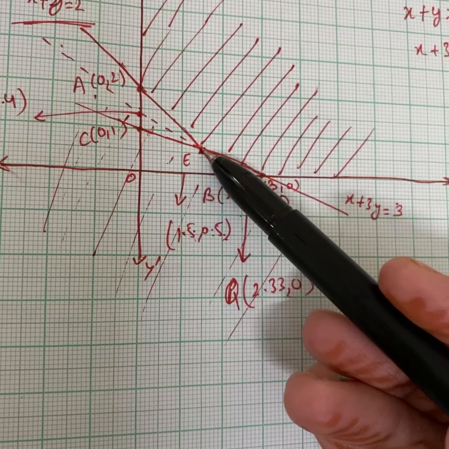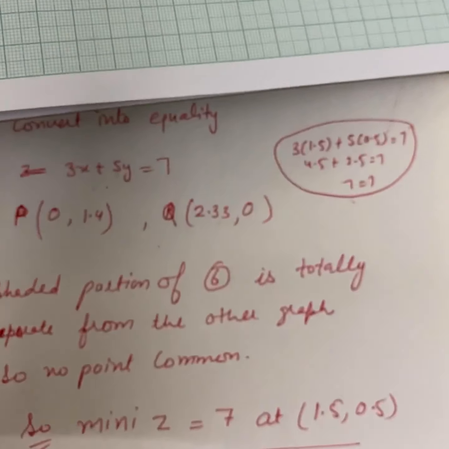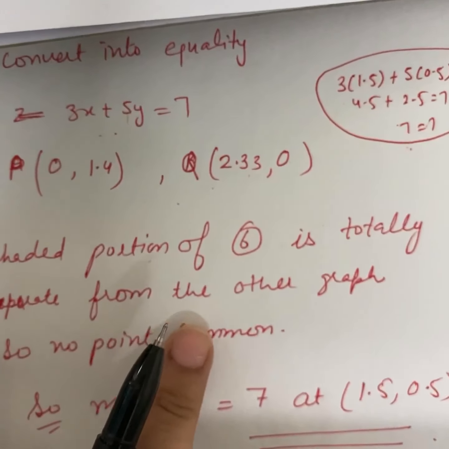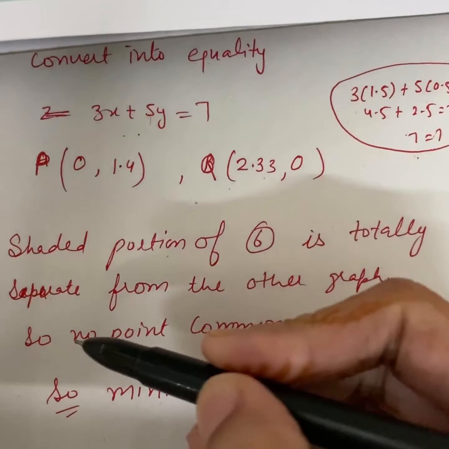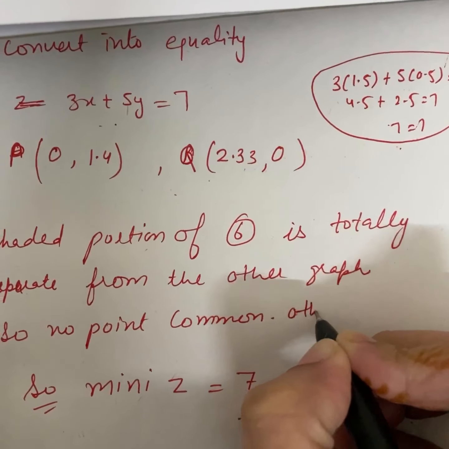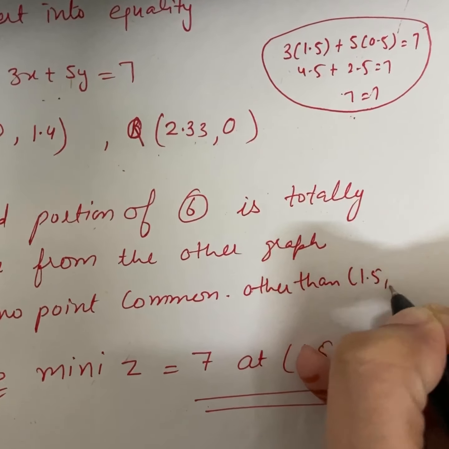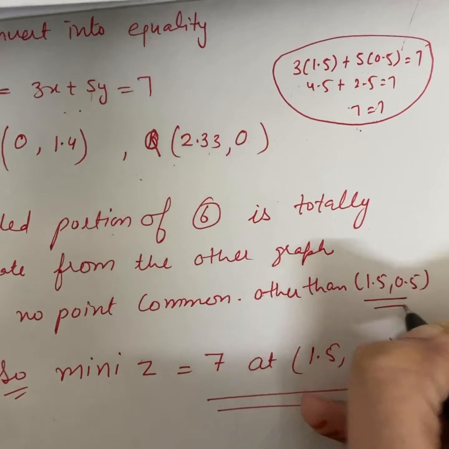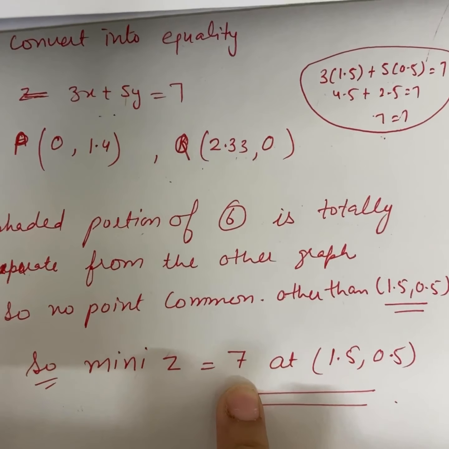Only this point is the minimum point and the value is 7. The shaded portion of this is totally separate from the other graph, so no point in common other than (1.5, 0.5). So this is your minimum point and this is your minimum value of z.